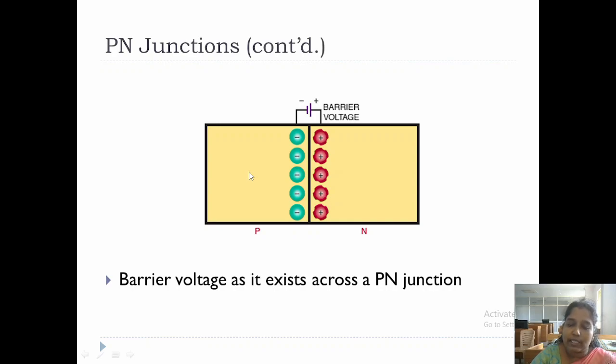Similarly, the electrons, which are minority carriers in the p-type region, will be swept by the electric field into the n-type region. Once they enter the n-type region, they become majority carriers. So due to this built-in electric field, the majority carriers are not able to cross the junction, but the minority carriers will still be able to go from one region to another.